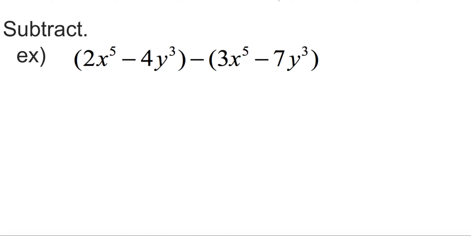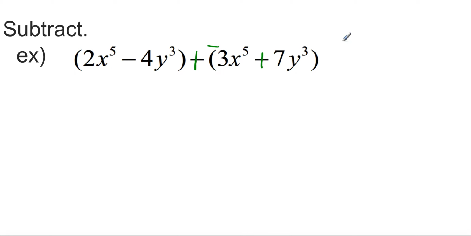What we're going to do is take that subtraction sign and change it to addition, and change all the signs behind it so that 3 becomes a negative and the 7 becomes a positive. Now we're just working with the same type of problem as the previous example.